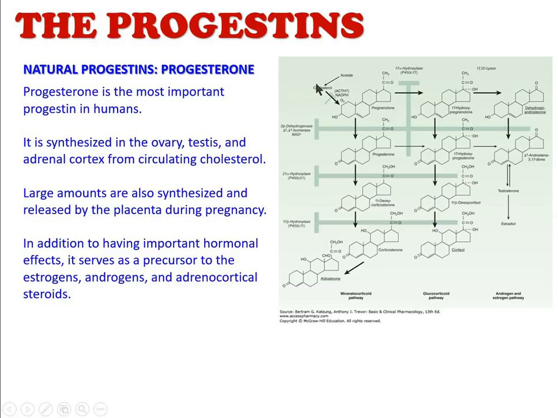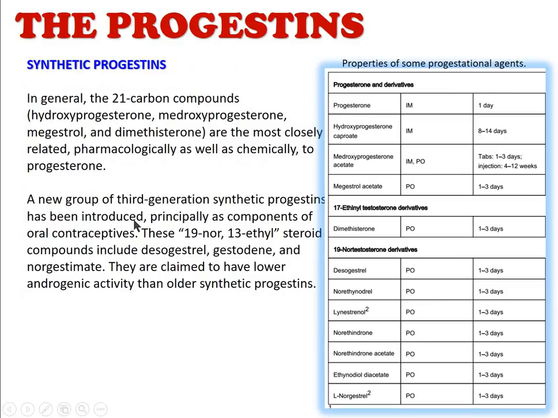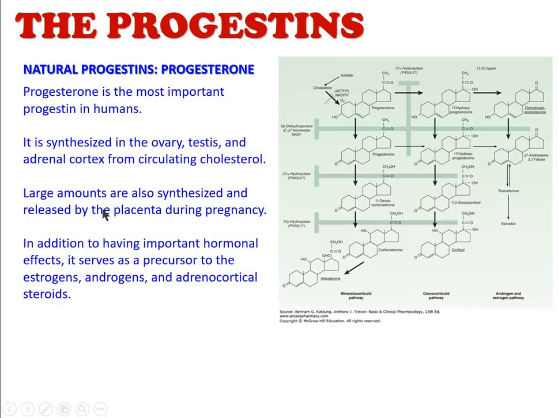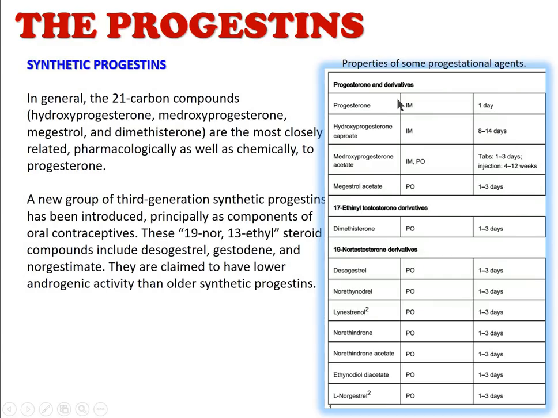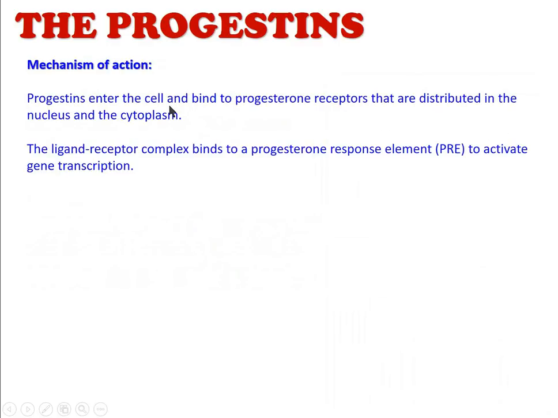It's synthesized from cholesterol, and you must know where it can be synthesized: ovary, testes, adrenal cortex, and the placenta during pregnancy. Okay, so this is the natural one. Then we have synthetic ones. Make sure that you remember all these names. You don't need to memorize the formulation, but you must know the names of these drugs.